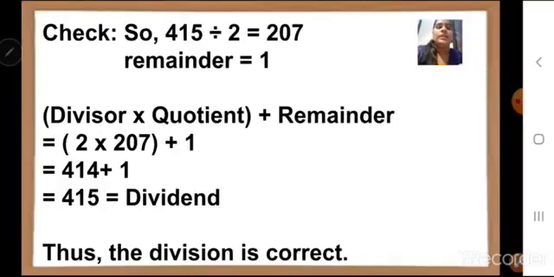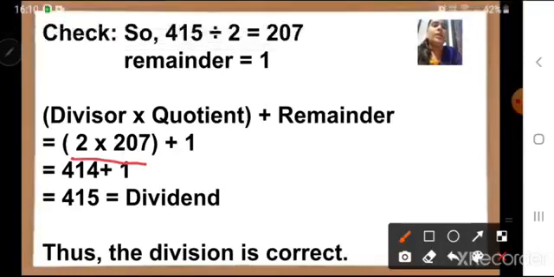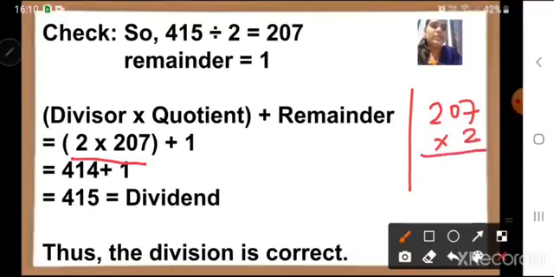Write the formula and substitute. Divisor, 2, multiplied by quotient, 207, put the brackets, plus 1 as remainder. Children, then we have to multiply 2 into 207. Everyone is going to do the multiplication. 2 sevens are 14. 2 zeros are 0 plus 1 is 1 and 2 twos are 4.